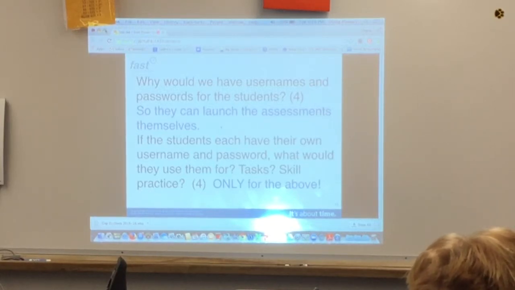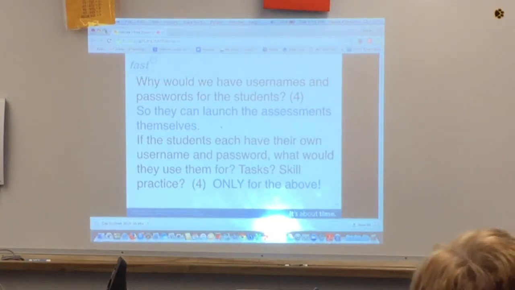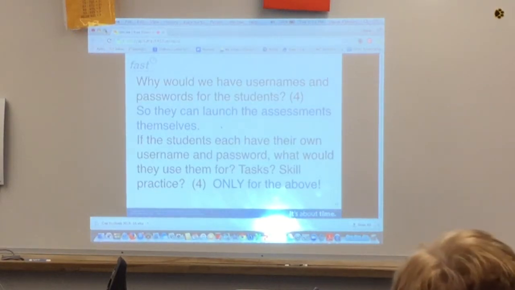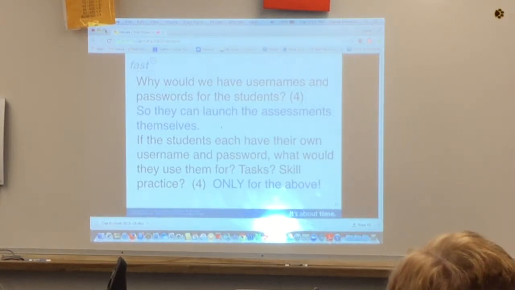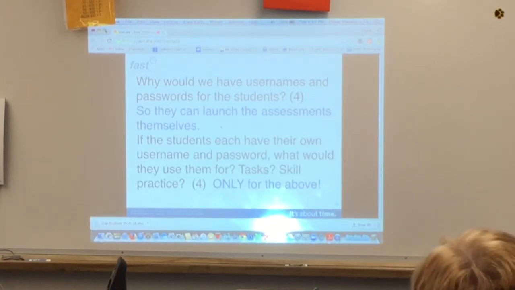Okay, and I understand completely what you're saying. The whole idea behind developing student usernames and passwords is that some customers very much wanted that. What was originally available was the group proctor, and that came about because customers wanted it.